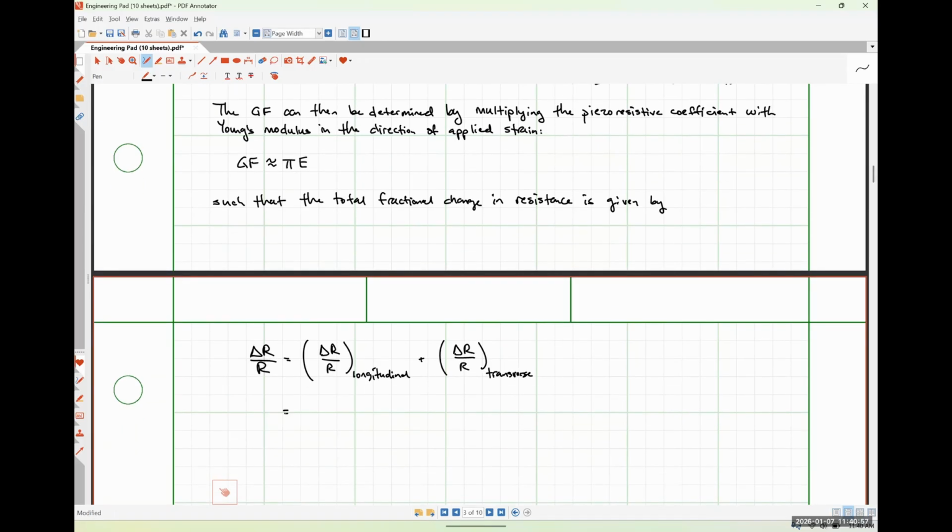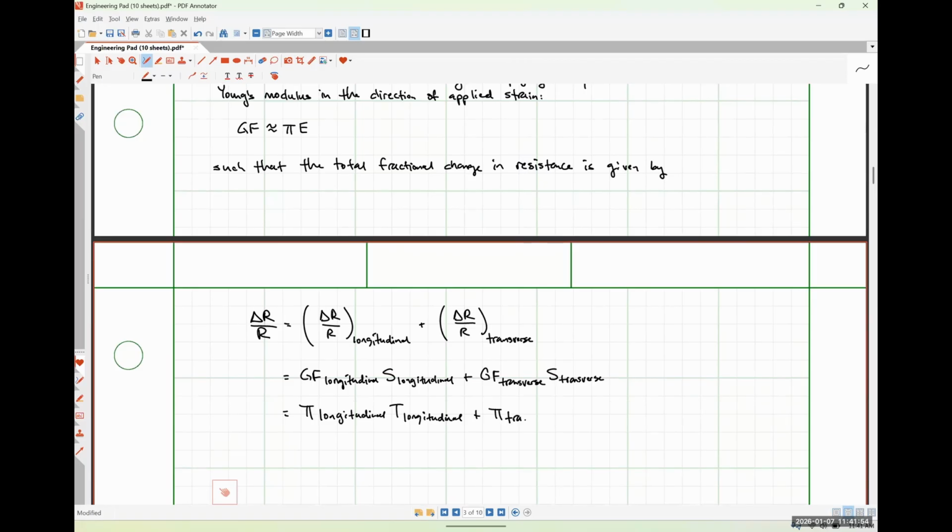And we can break this down a little bit further by saying that this is our longitudinal gauge factor times our longitudinal strain plus our transverse gauge factor times our transverse strain, or our longitudinal piezoresistive coefficient times our longitudinal stress plus our transverse piezoresistive coefficient times our transverse stress.